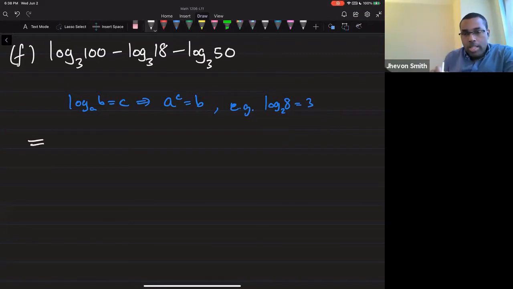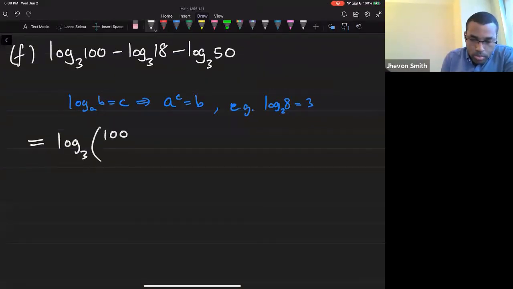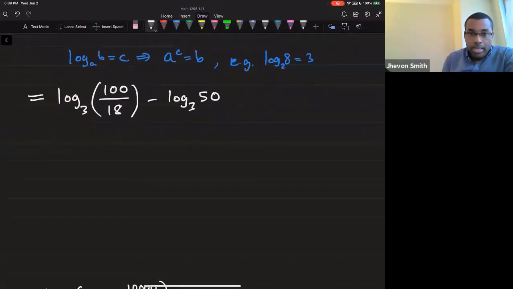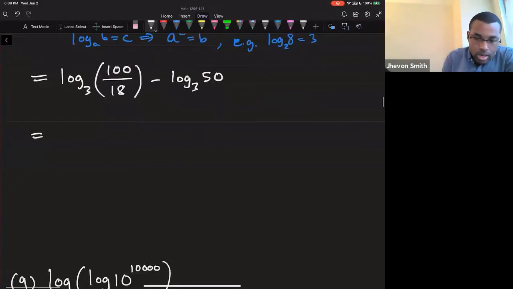So we know log of something minus log of something else is log of the division. So I can combine the first two to get that. And now I have log of this thing minus that log, I can combine again.